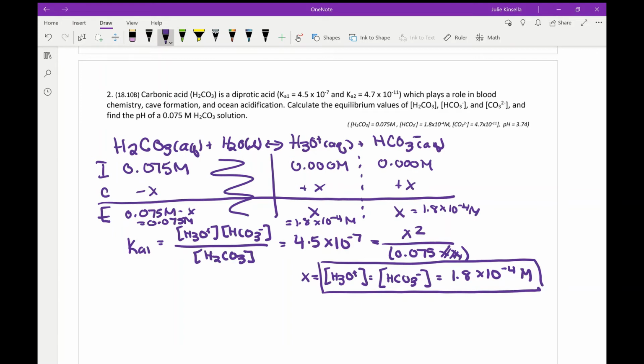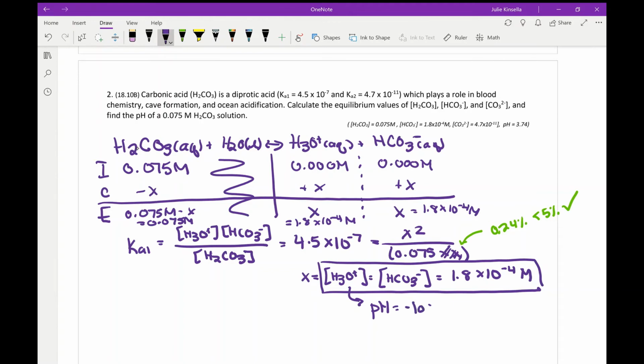Just to quickly take care of our simplification here, if you plug this in, you end up getting 0.24%, which we know is less than 5%, so that checks off. All right, again, you should at least be able to plug that part into your calculator and avoid writing that whole piece out. Now remember, this concentration of hydronium is then going to allow us to figure out the pH.